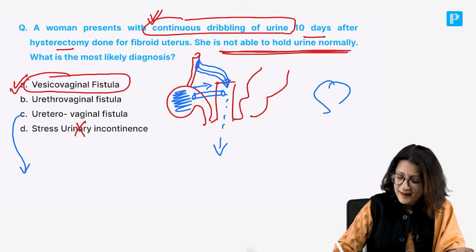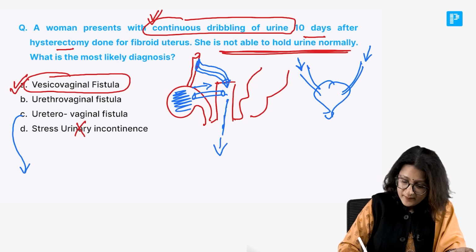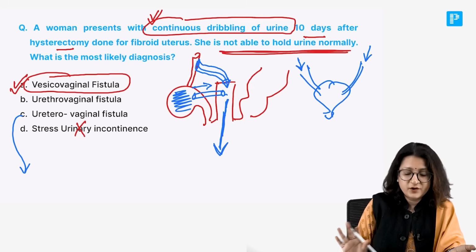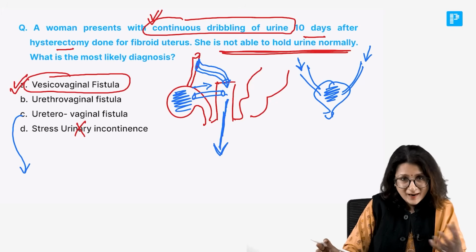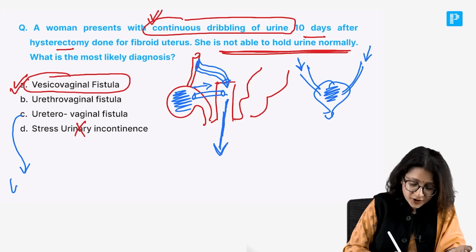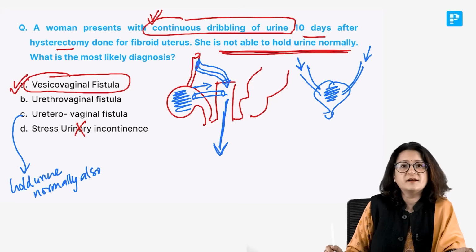So let's say this is the bladder. The bladder will get filled from both side ureters. So there is dribbling from the vagina because of a ureterovaginal fistula, but the bladder may still fill up with urine. So she will be able to hold urine normally also with the ureterovaginal fistula.